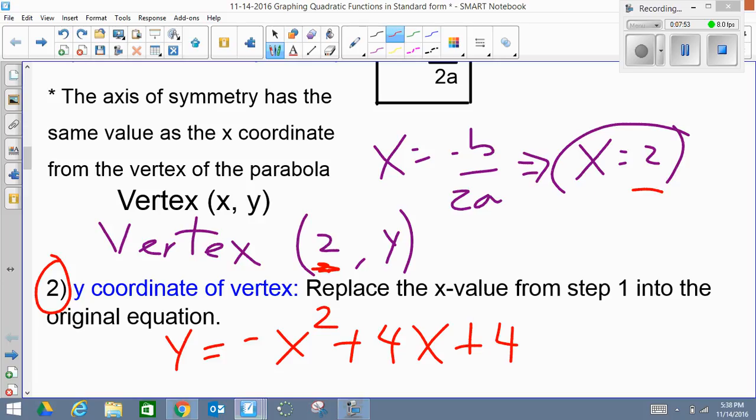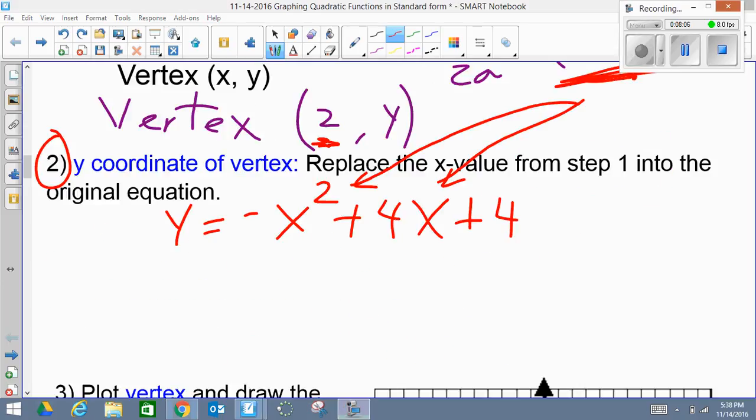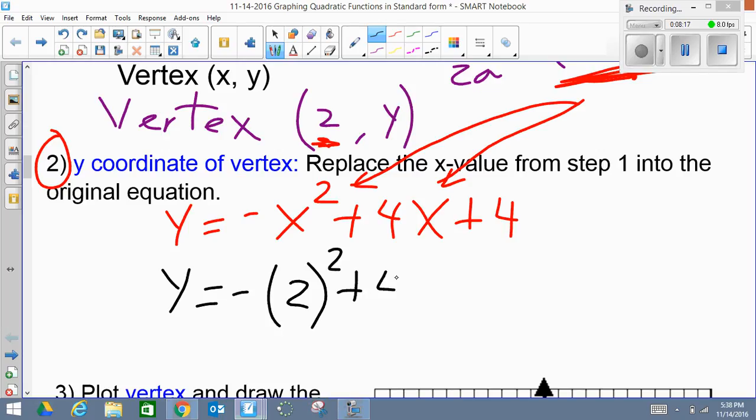Okay, and being that I already have x, I'm going to plug that value into the x from here and the x from there, and then I'll be able to find the value of y. So y equals negative, which is on the equation. Now the value of x is 2 to the second power plus 4 times x, which is 2 plus 4.